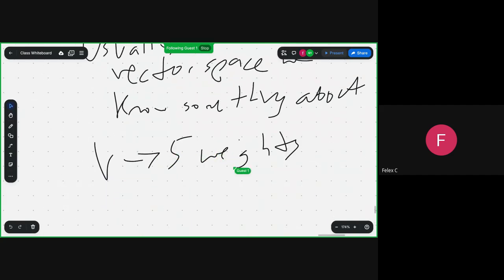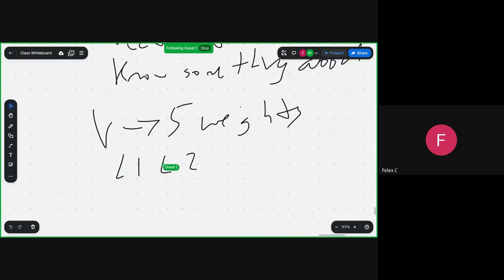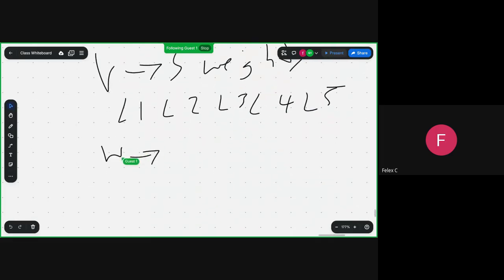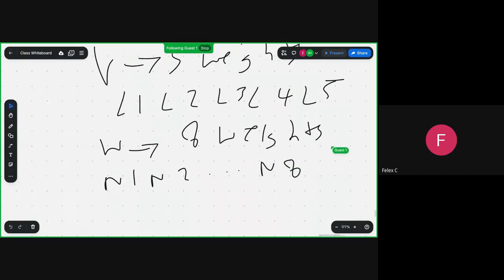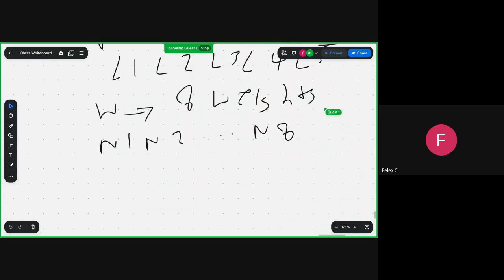I can call them L1, L2, L3, L4, L5. In vector space W, there could be 8 weights. I can call them N1, N2, all the way up to N8. And then another one could have 13, 20, 85, whatever.